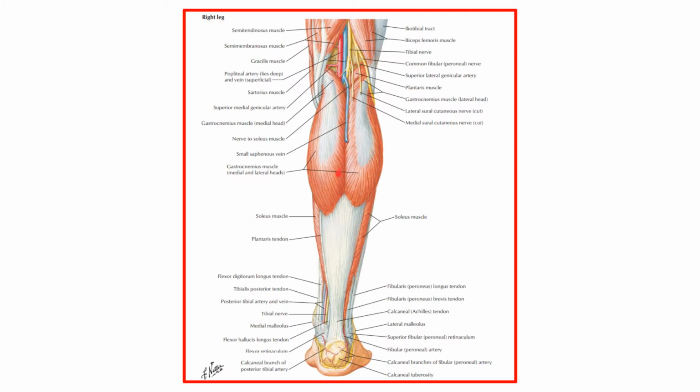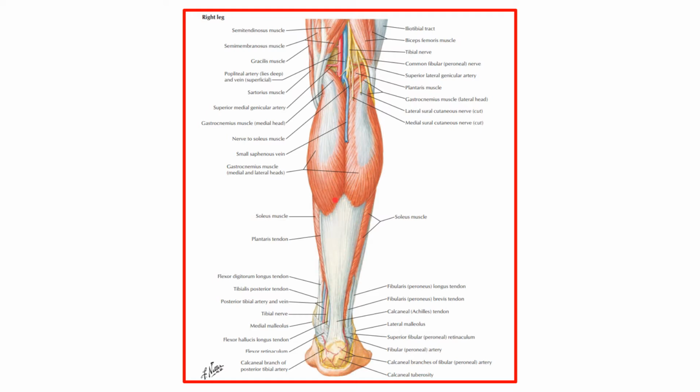The gastrocnemius has two fusiform bellies, and these two bellies join together and finally insert into a broad tendon, which is called the tendocalcaneum. This tendon moves downward and is attached onto the calcaneum bone. Here you can see the calcaneum bone.